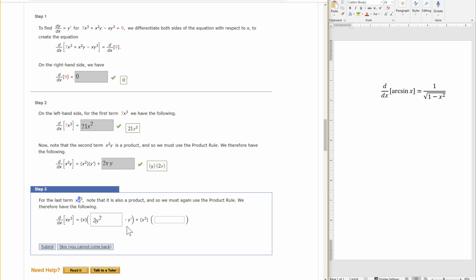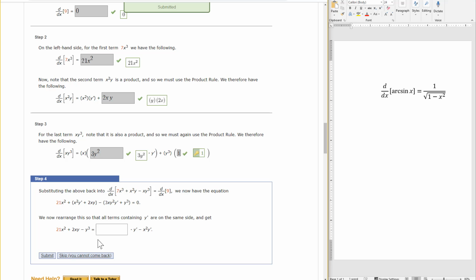The inside function is y, the derivative of y is y prime, and they included that as part of our big derivative for us. So this is the first part of the product rule. The second part of the product rule, they took the second term here, and we just need to take the derivative of the first term, and that just happens to be 1. The derivative of x with respect to x is 1. So this is our third term on our left-hand side.